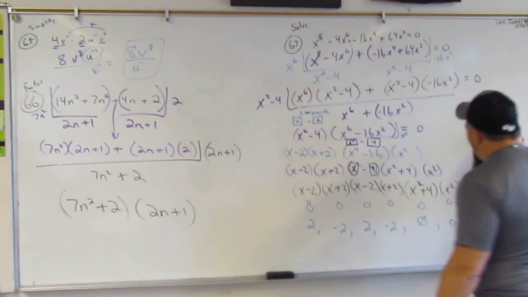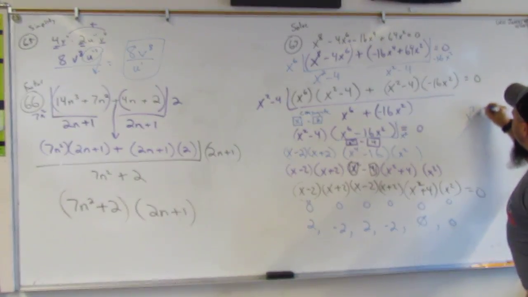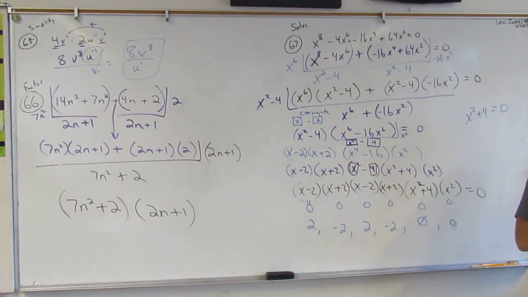Let's ask ourselves why. x squared plus 4 equals 0. Let's solve that. How do I solve that? Minus 4. x squared equals negative 4. Okay, what do I do to solve for x? Square root. So x equals the square root of negative 4.